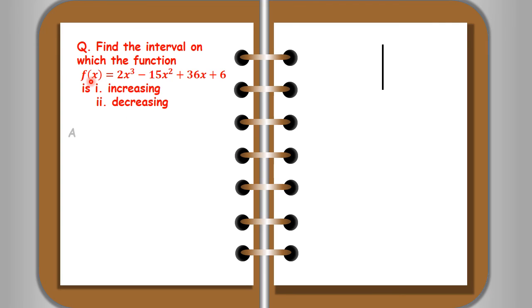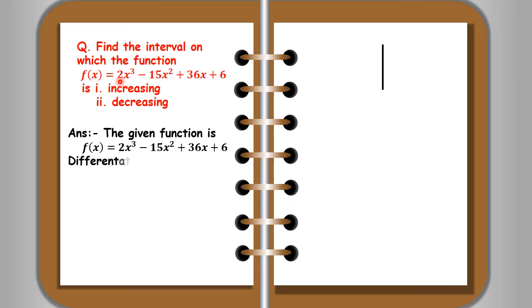The function is given as 2x cube minus 15x square plus 36x plus 6. Now find f dash x, that is, differentiate this function with respect to x. This is very easy to differentiate. We just have to use the formula for the differentiation of x to the power n.